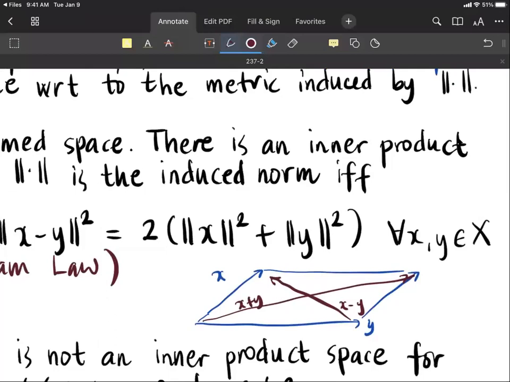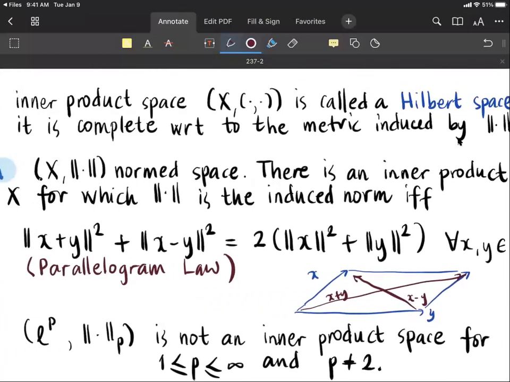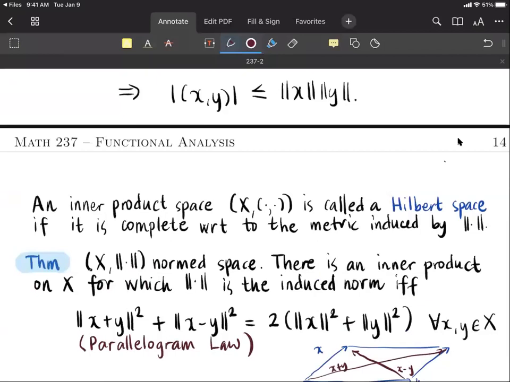This is a known fact in geometry, and you could also prove this using vector algebra. So again, if you have a norm on a vector space, you can find an inner product in such a way that that norm is the induced norm, if and only if the norm satisfies the parallelogram law.